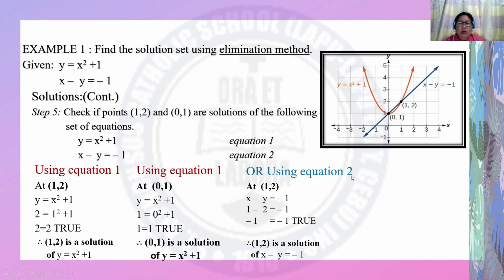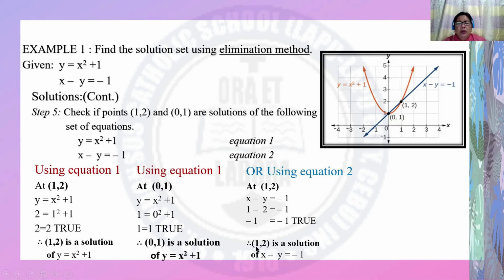And using equation 2, if you wish to use equation 2, at point with coordinates 1, 2, x minus y is equal to negative 1. So when you substitute 1 to x and 2 to y, then equate to negative 1, it will still give you a true statement.